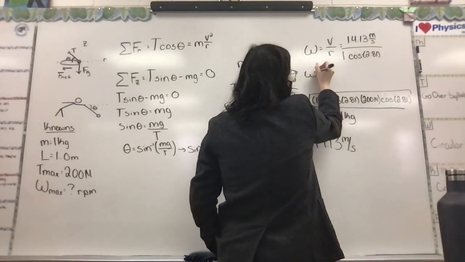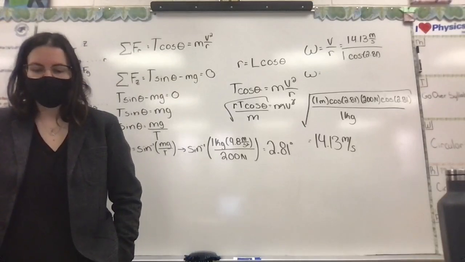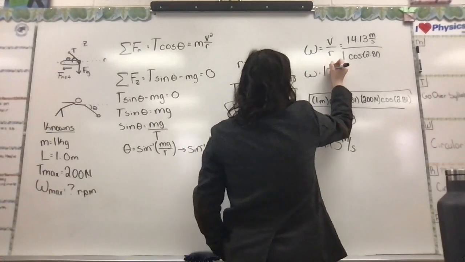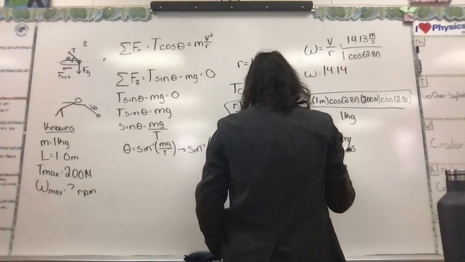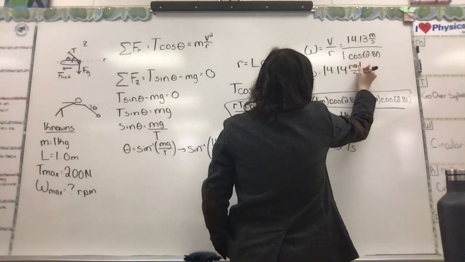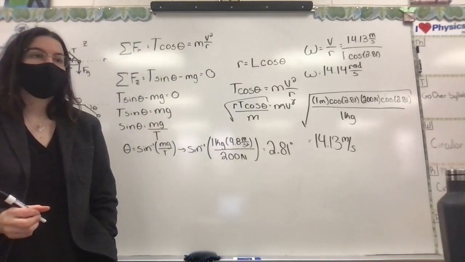So, what's omega equal to? 14.14. What are the units on that? Radians per second. It rounds to 14.15.